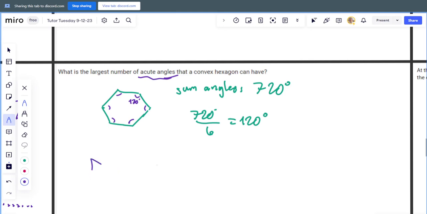Or let me do it like 1, 2, 3, 4, 5, and 6. You could see some of these are acute angles. Like this one is acute, that's obtuse, that's obtuse. That one looks slightly obtuse. Actually, it looks like this one's the only acute angle based on how I drew it. But that's one possibility, right? That could give us an acute angle.